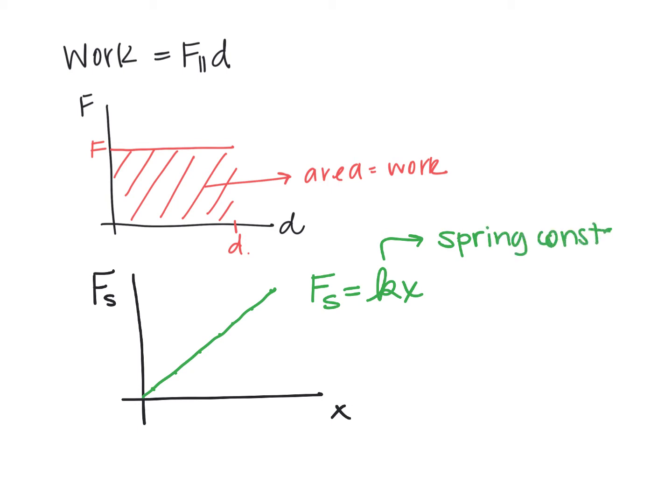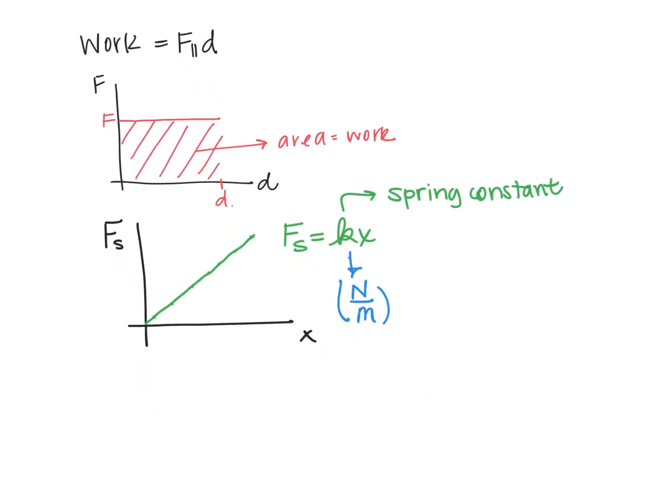The spring constant is a number, kind of like the coefficient of friction, where it describes some quality of the spring. It's measured in newtons per meter, so unlike the coefficient of friction, it does have a unit. It tells me how much force is needed to stretch or compress the spring per meter. And so that's the unit for our spring constant, K.